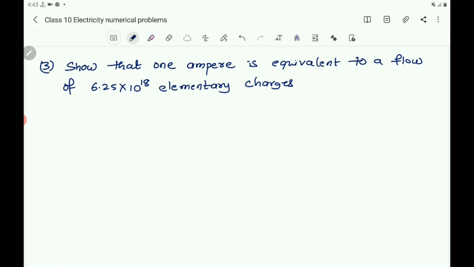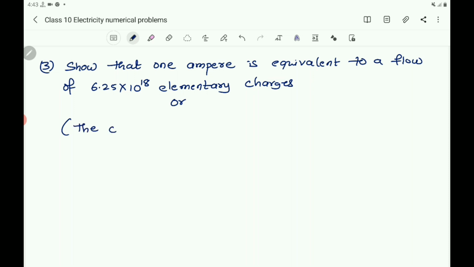Or this question can be asked as: the charge possessed by an electron is 1.6 into 10 power minus 19 coulomb. Find the number of electrons that will flow per second to constitute a current of 1 ampere. Or this question can be asked in this manner.